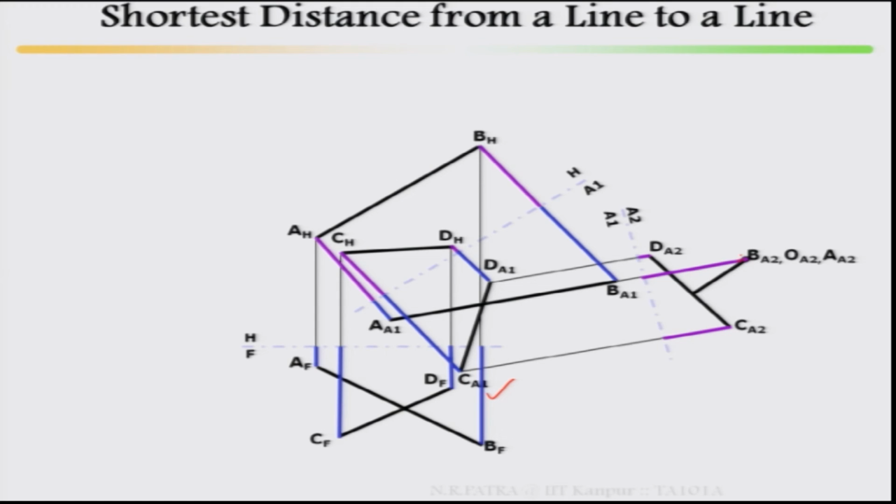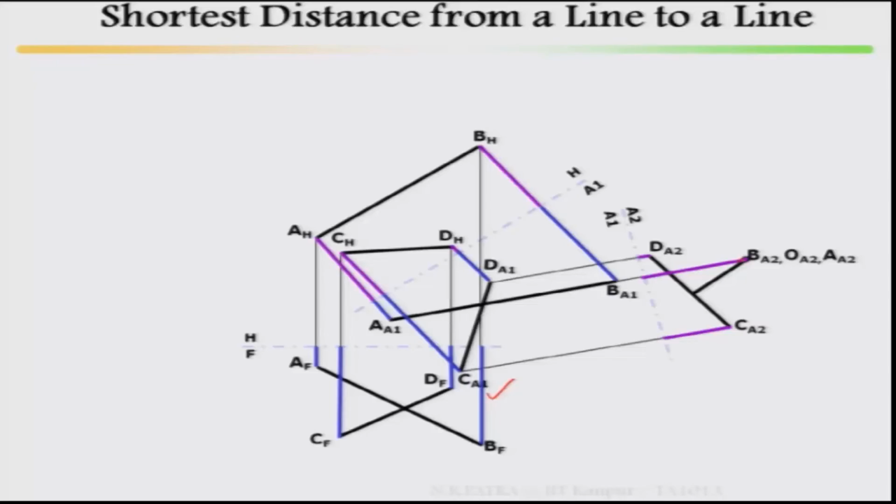Particularly in this case, if there is a shortest distance between two lines, one line has been converted to true length, step 1, then from true length you convert it into point view, from point view you project the other line in the same way, then you are getting a point view of that line's true length, then other line draw perpendicular.